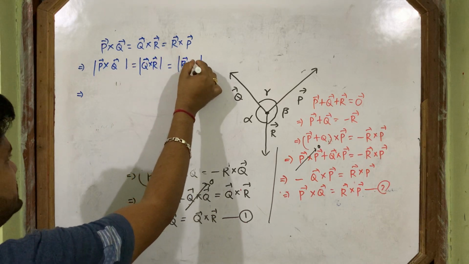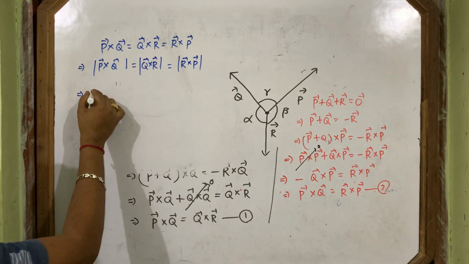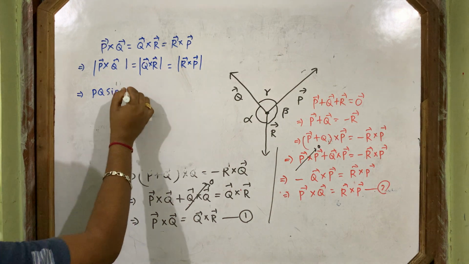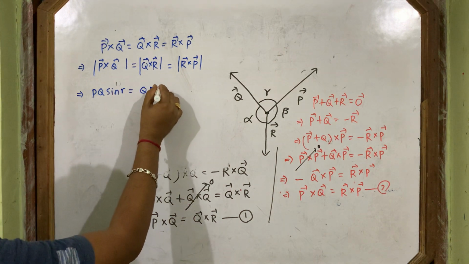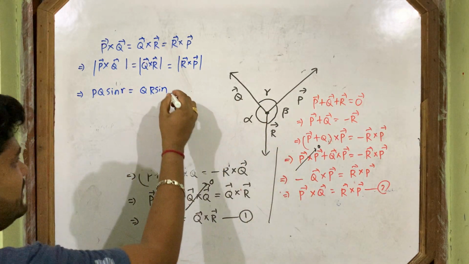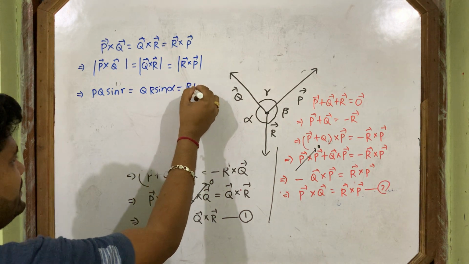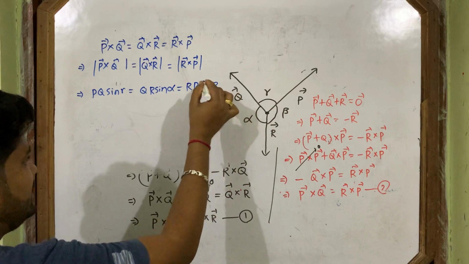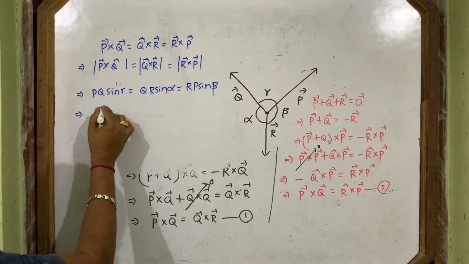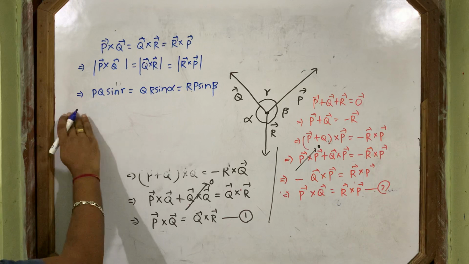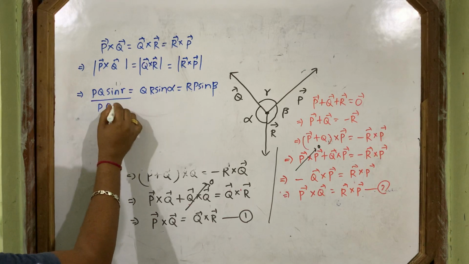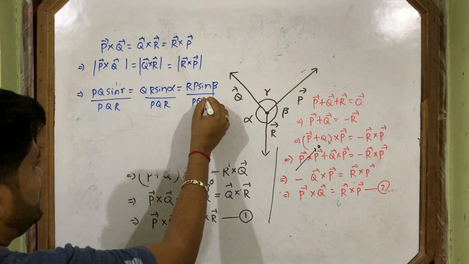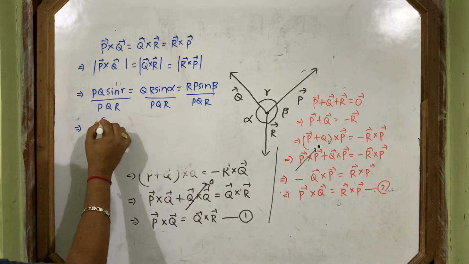So P cross Q gives PQ sine of the angle between P and Q, which is gamma. Q cross R, the angle between Q and R is alpha. R cross P, the angle between R and P is beta. So you divide each term by PQR. What are we getting?